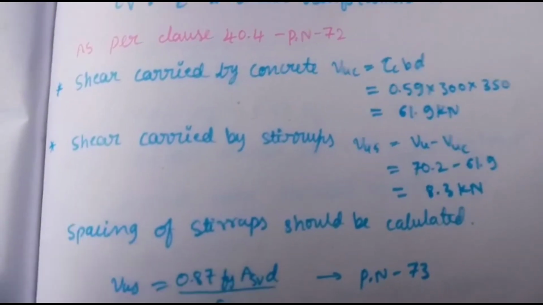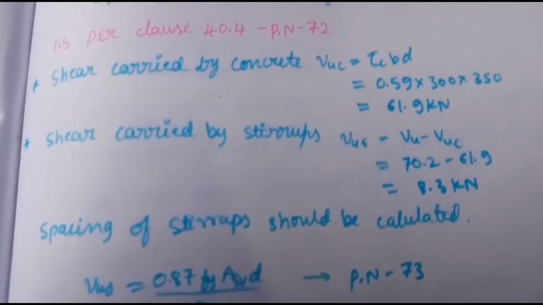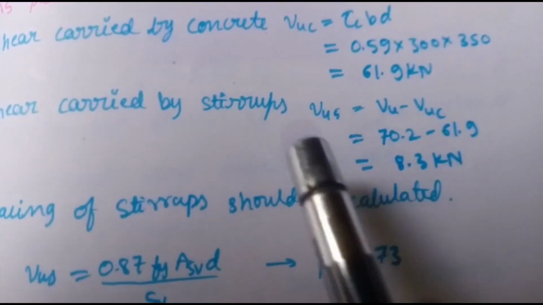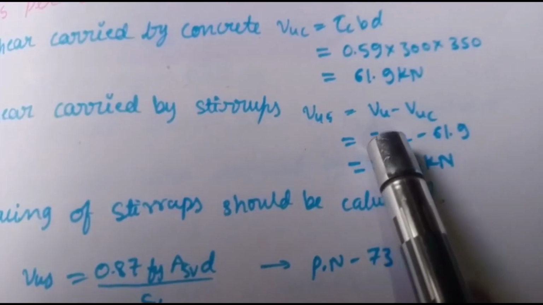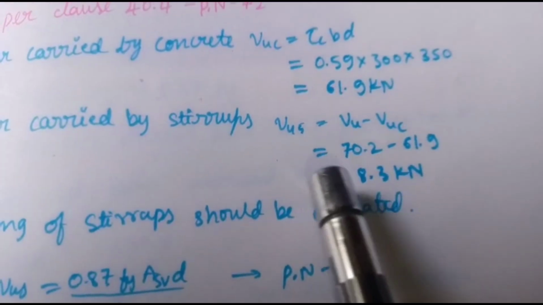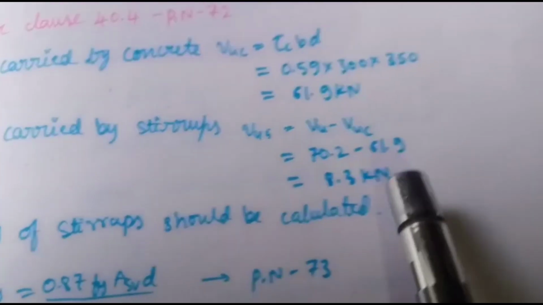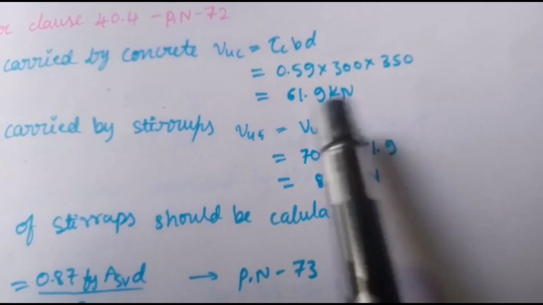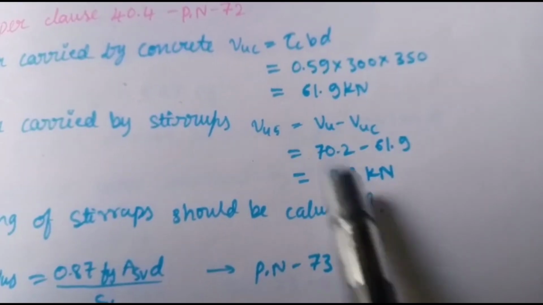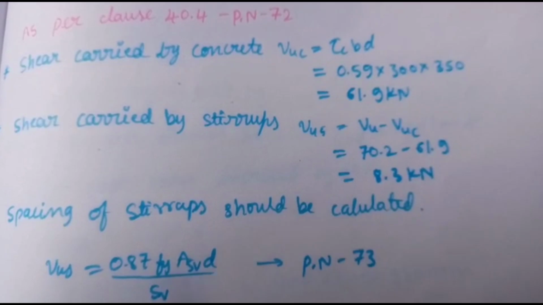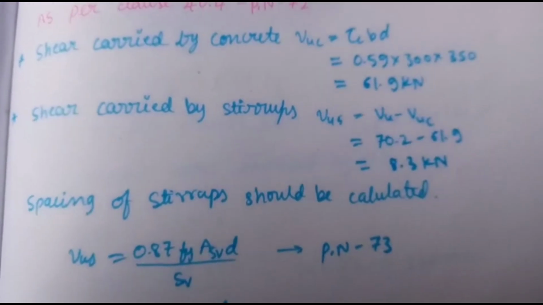Next is the calculation of shear carried by stirrups. For that we have the formula Vus is equal to Vu minus Vuc. The Vu value is 70.2, the Vuc value we got is 61.9. After simplifying, we will get our Vus value as 8.3 kilonewton. So now we can go for the design of spacing of stirrups.